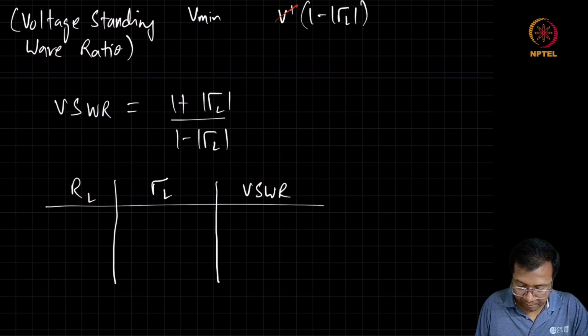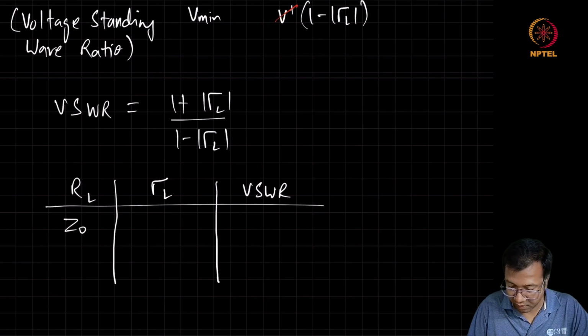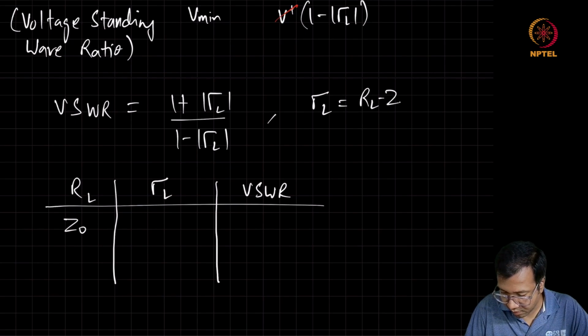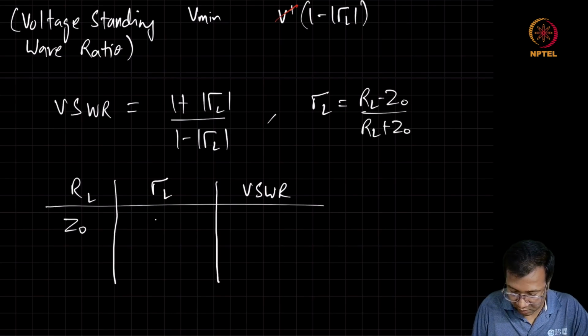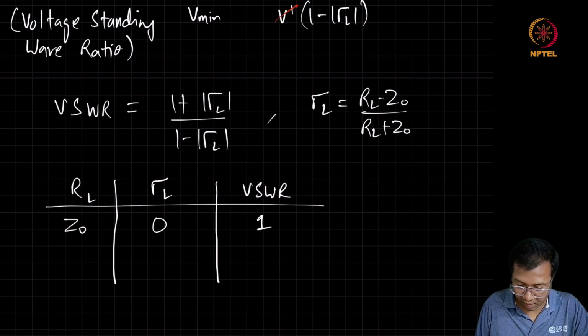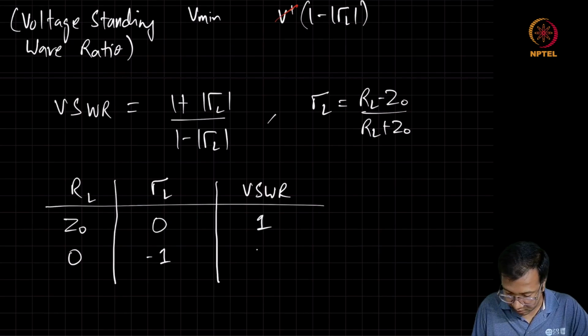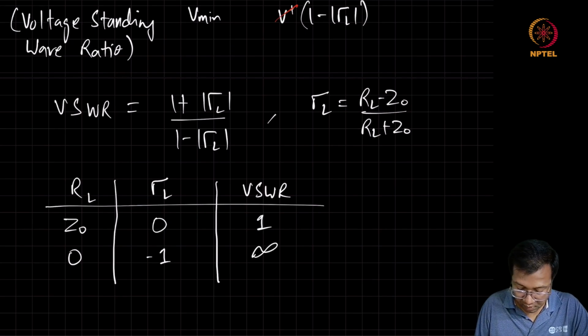The case when RL is equal to, let's say, Z0, we know that gamma L becomes 0 and VSWR becomes 1. This is the case when we don't get any standing wave. Whereas when RL is, let's say, a short circuit, gamma L becomes -1. This is going to give a VSWR of infinity.